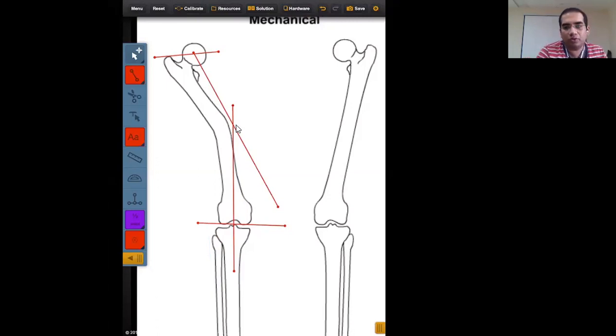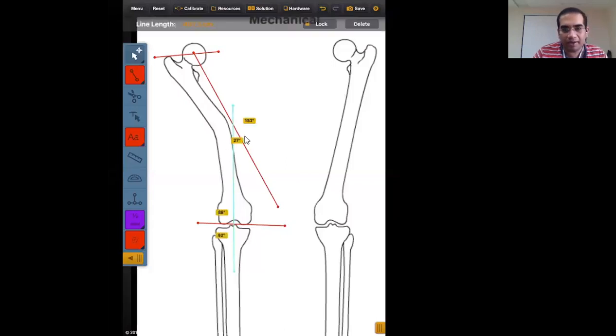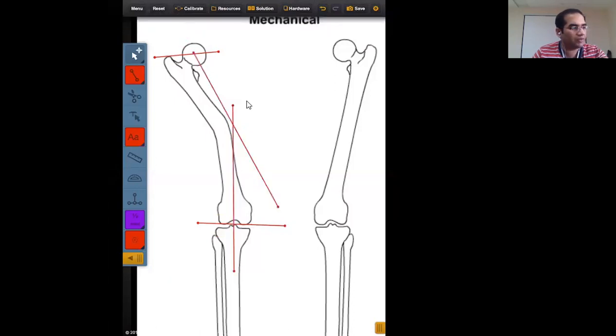Now we have got 2 CORAs. Why do I say that we have got 2 CORAs? One, this deformity here, by joining the 2 reference lines, has given me the obvious deformity. But what has happened is that the proximal femoral angle is not normal.